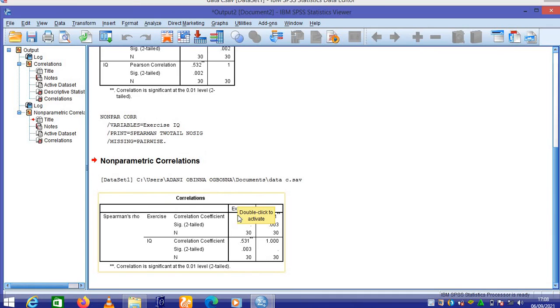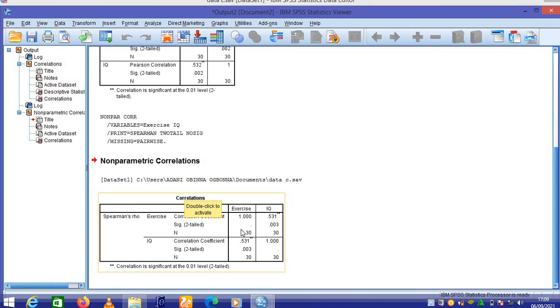SPSS has run the analysis again in the output window. This is the non-parametric correlation, assuming that after testing for normality, both exercise and IQ were not normally distributed, or maybe one was and one wasn't. We run this non-parametric equivalent of Pearson correlation, which is Spearman's correlation. So here is the output.